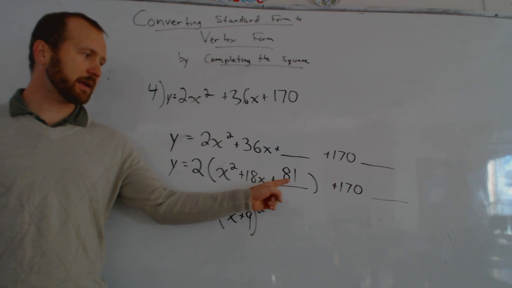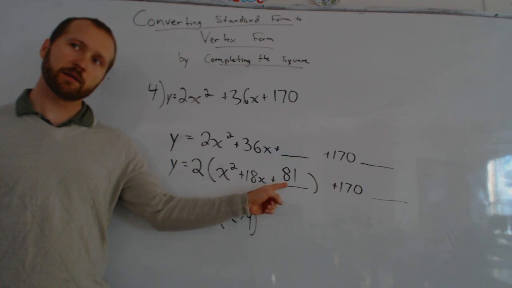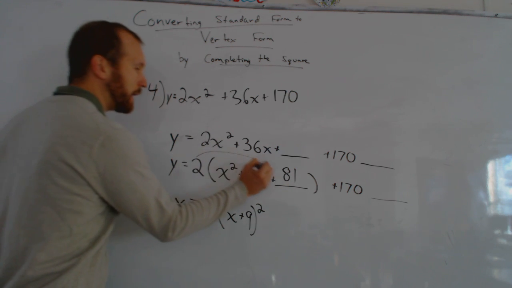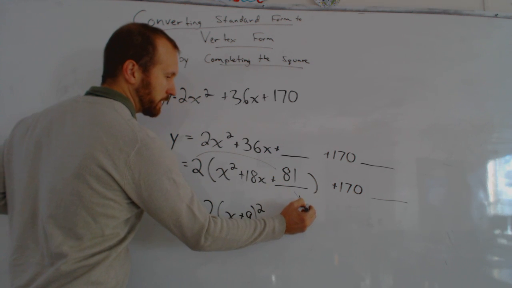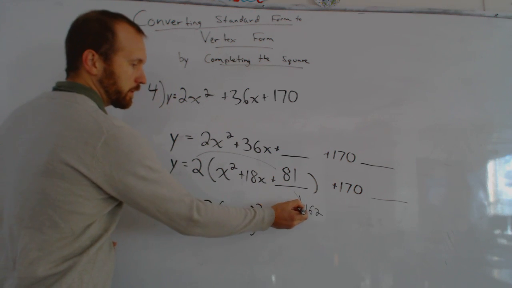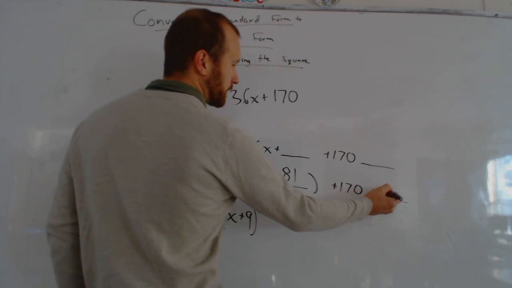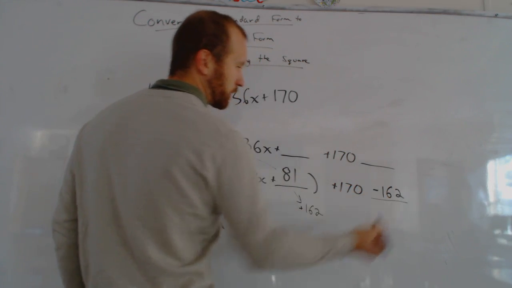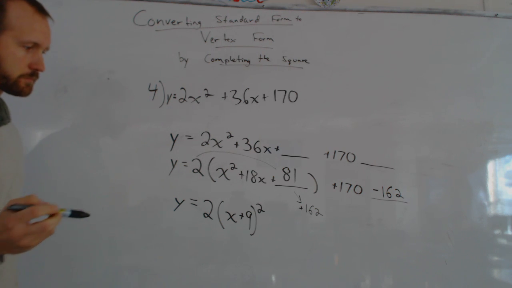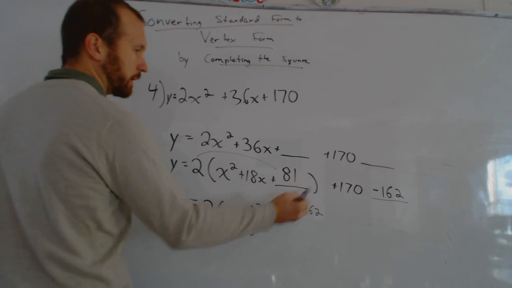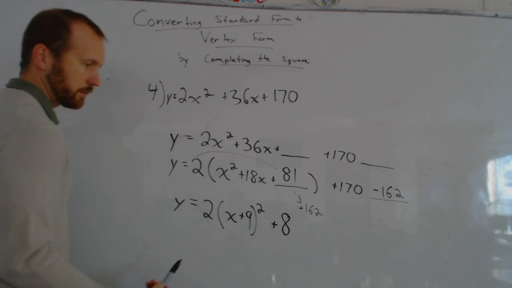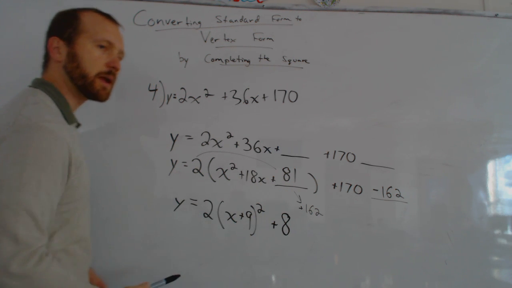It looks like I added 81, but I really added 2 times 81, which is 162. So I need to subtract 162 over here. You guys see that? That's just 8 then. Exactly. So this over here is just 8. And then because of the way I did this, I'm done.